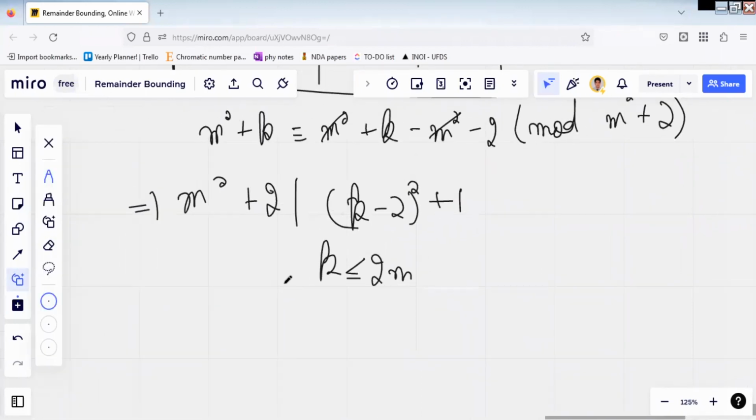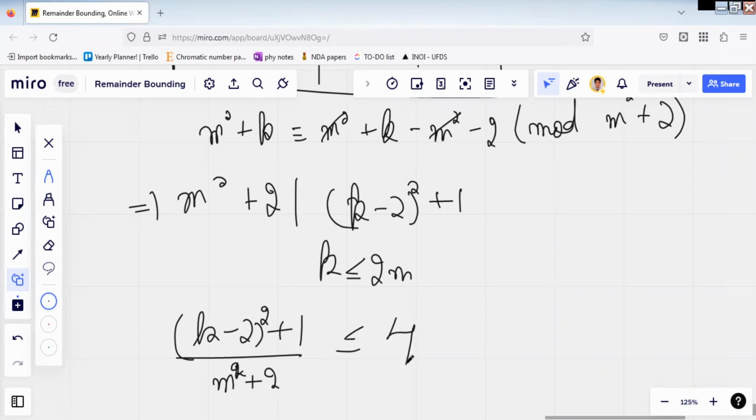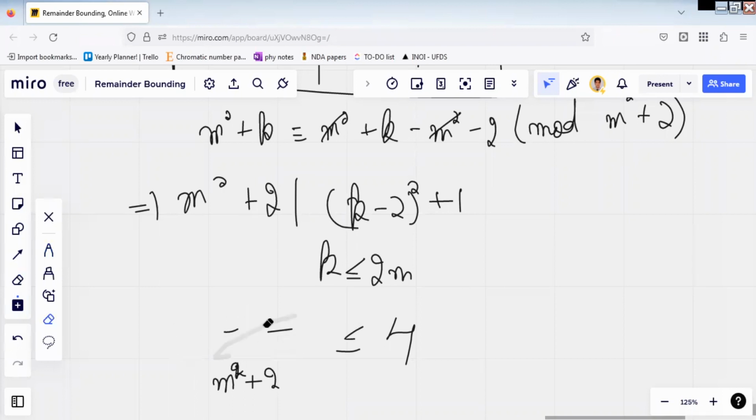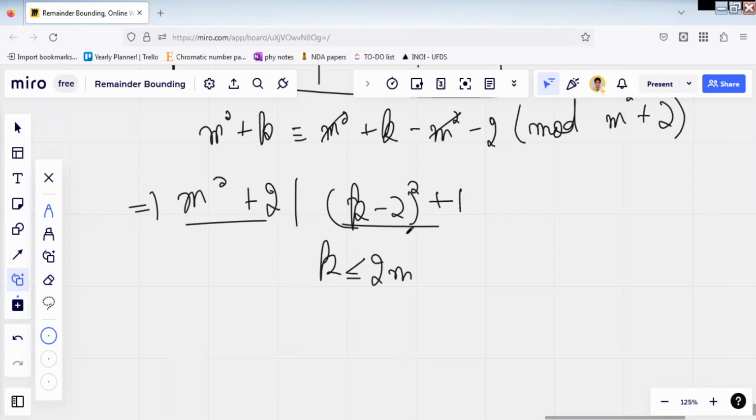And now the ratio of (k minus 2) squared plus 1 divided by m squared plus 2 is going to be at most 4, strictly less than 4. Okay, a better way to write this, to motivate this thing, since he saw it directly, but you can do this: you have that this thing divides this, right?